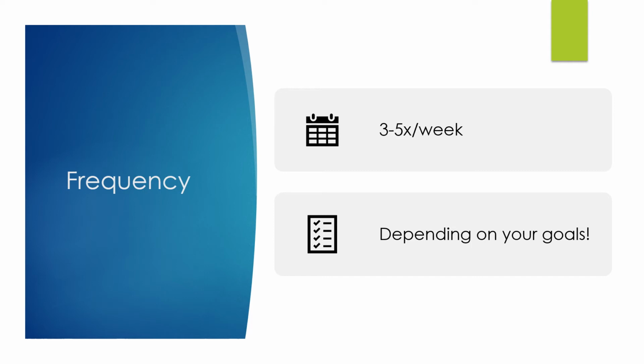If your goal is to walk a mile, then you may need to do aerobic exercise 5 times a week. If your goal is to stand for 10 minutes without getting too tired, then 3 times per week may be more appropriate. Sometimes you only have time to exercise 1 to 2 times per week. It is important to know that you will still get benefit, but not as much as you would at a higher frequency.